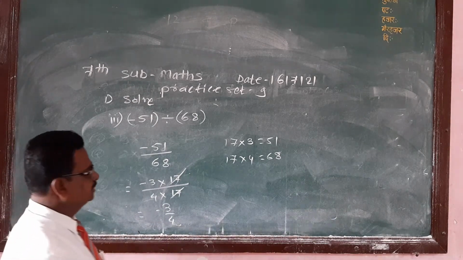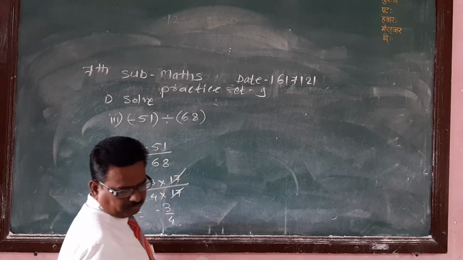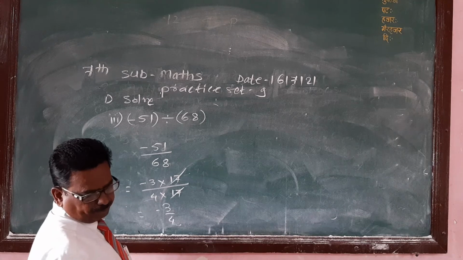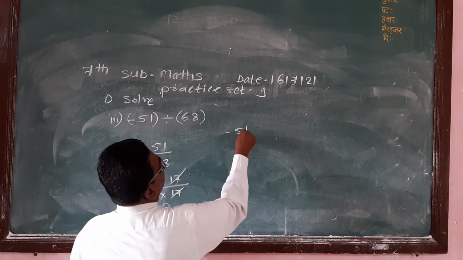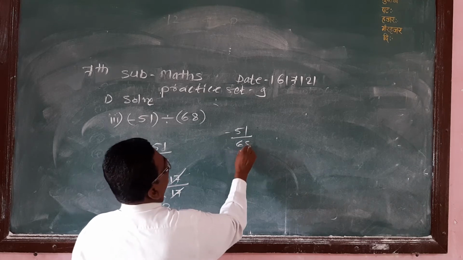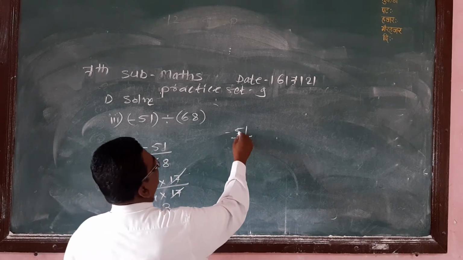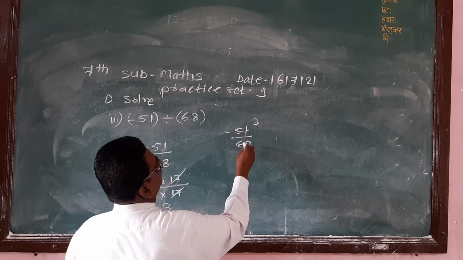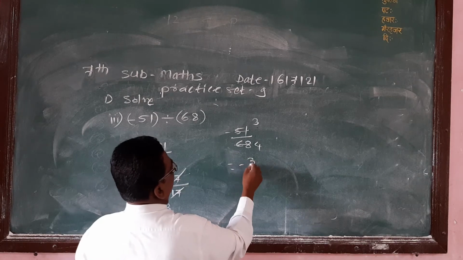Or by direct method: minus 51 upon 68. 17 threes are 51, 17 fours are 68.